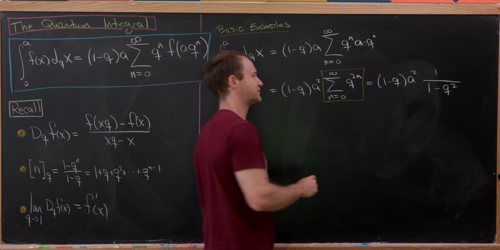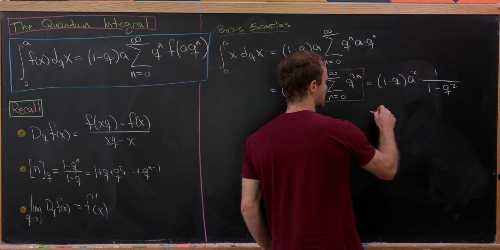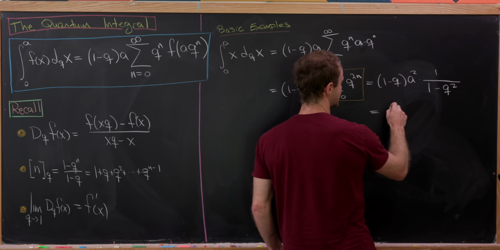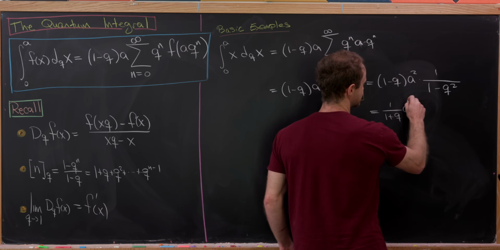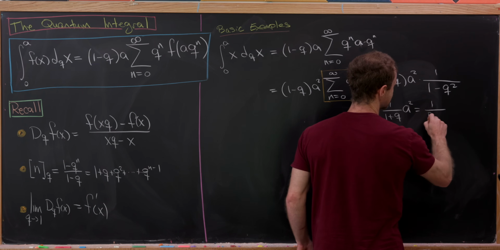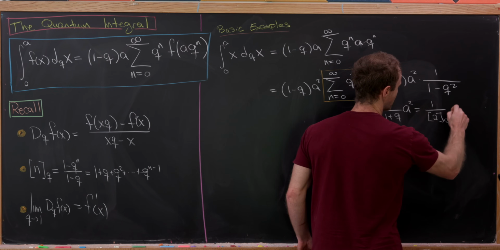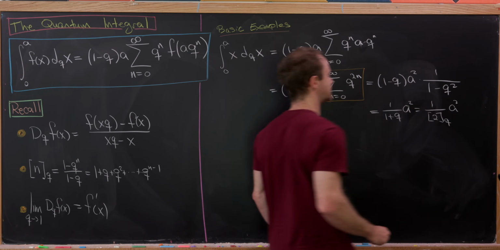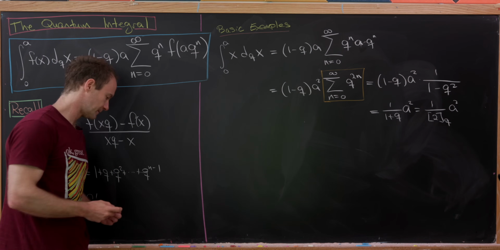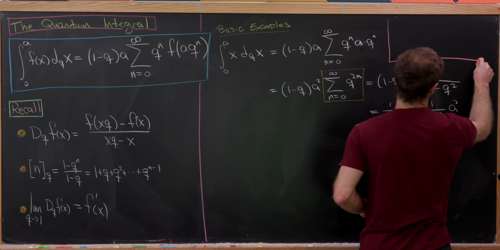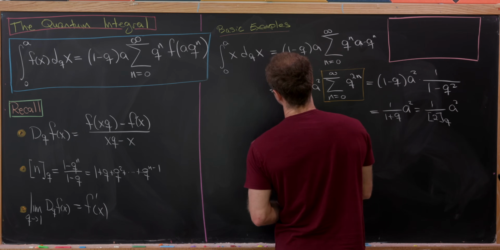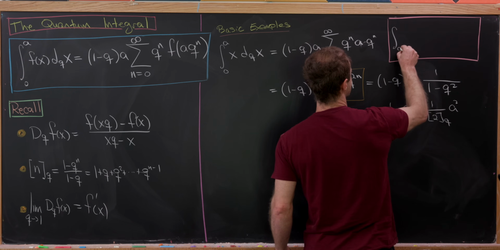But that simplifies pretty easily. This 1 minus q squared will cancel with this 1 minus q, leaving us with 1 over 1 plus q times a squared. But let's notice that that is 1 over the q analog of the number 2, times a squared. So let's quickly compare that to what we would get for the normal integral and make sure that everything is making sense here.